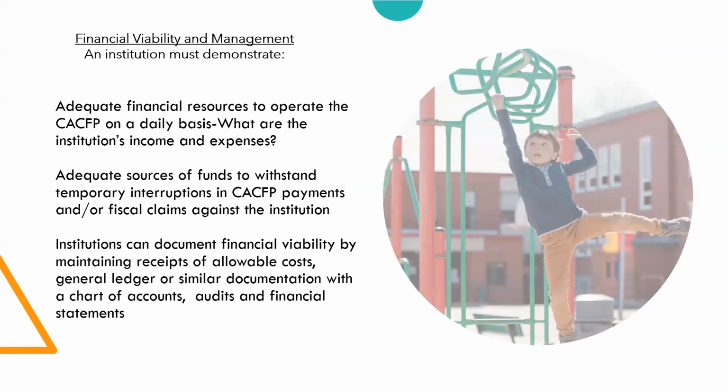Okay, here we go. So each sponsor must demonstrate financial viability and management through having adequate financial resources to operate the CACFP daily and sources of funds to withstand any temporary interruptions in CACFP payments. So meaning your sites send you all their information to put the claims in, and you end up paying the claim late and don't get money till later on.